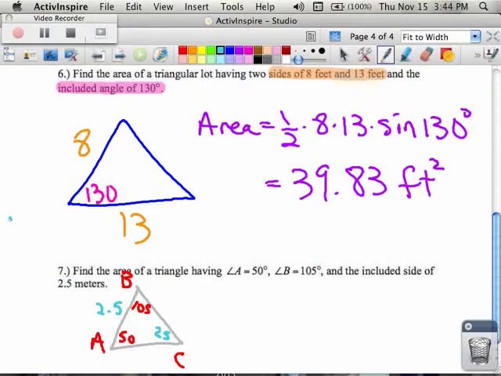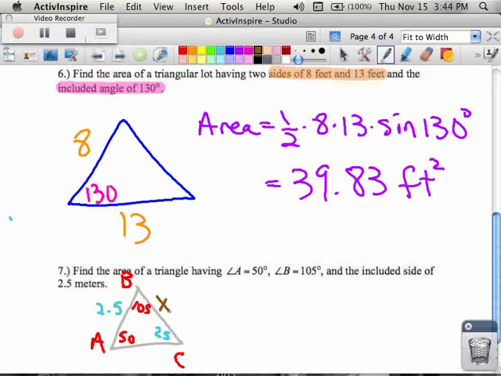Now the problem is, in order to use the formula we just talked about, you have to have two sides. So I have to pick a side to find. So let's say, just for the sake of argument, that I'm going to find the side that's across from angle A. Let's say I'm going to find side little a over here. I probably should label that as little a, but whatever. If I wanted to find that, I could use the law of sines to do that.